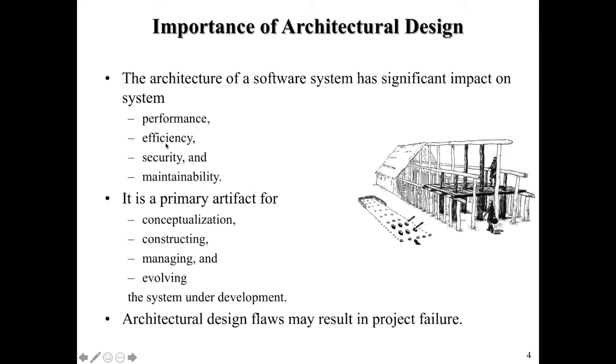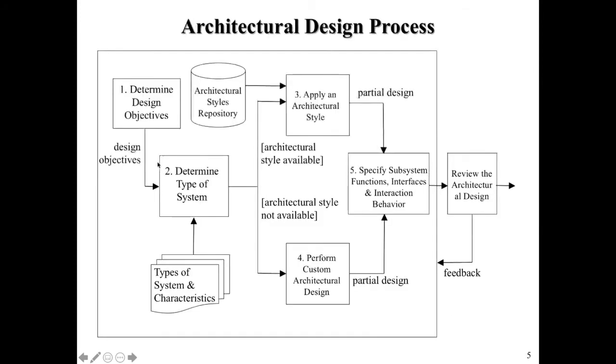How efficient do you want your system to be? How secure do you want your system to be? And any other objectives. Okay, then in step number 2, you determine the type of system that you will be developing.